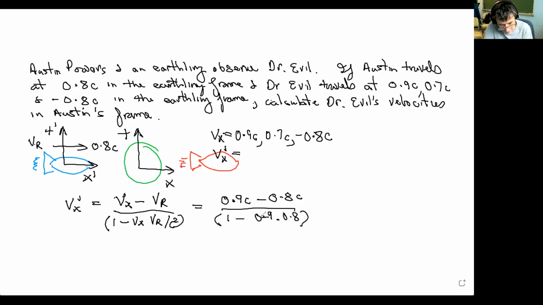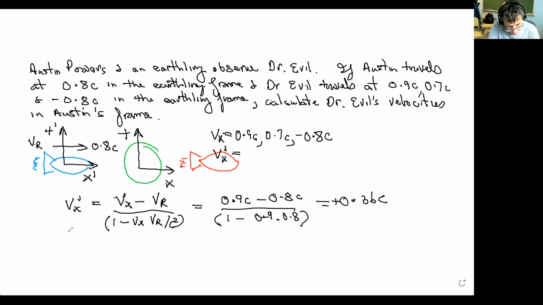So this just becomes a number that we can subtract from this number 1 over here. And if we carry out that calculation, I got 0.36, positive 0.36. And so Austin is seeing Dr. Evil travel towards the right at just over a third of the speed of light.